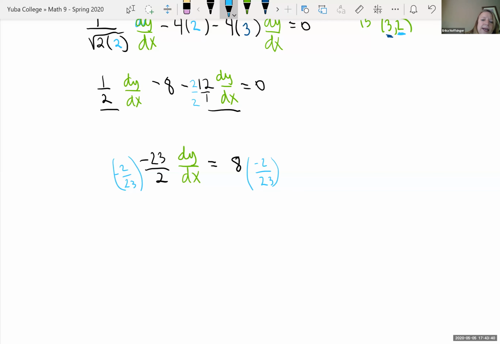So we get dy/dx is equal to negative 16 over 23.